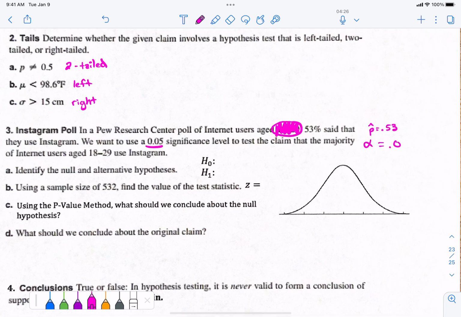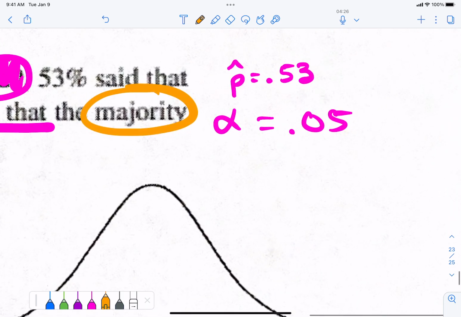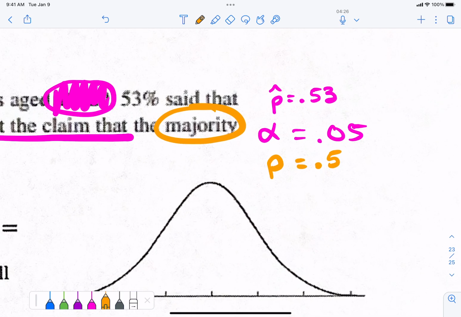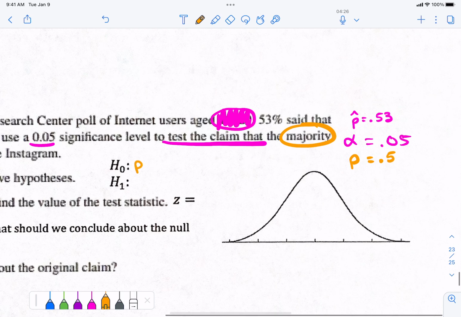That's my alpha. To test the claim that, they always have those words, look for those words. To test the claim that the majority, that tells me a number. p is equal to 0.5, but really, when we put it under our hypothesis, that means greater than 0.5. So p equals 0.5 and p is greater than 0.5.